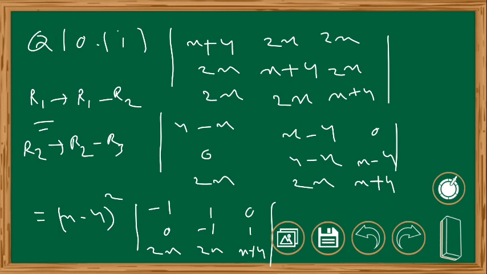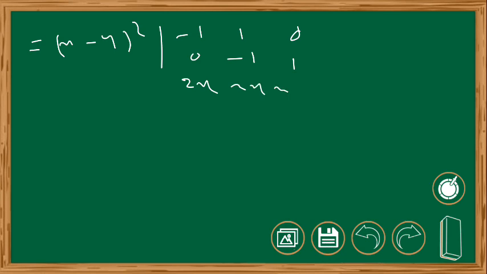Before that, let me tell, this will be 2x and x plus 4, no change, minus 1, 1, 0, 0, minus 1 and 1, right? So let me write it once again: x minus 4 whole square, minus 1, 1, 0, 0, minus 1, 1, and here it is 2x and x plus 4.